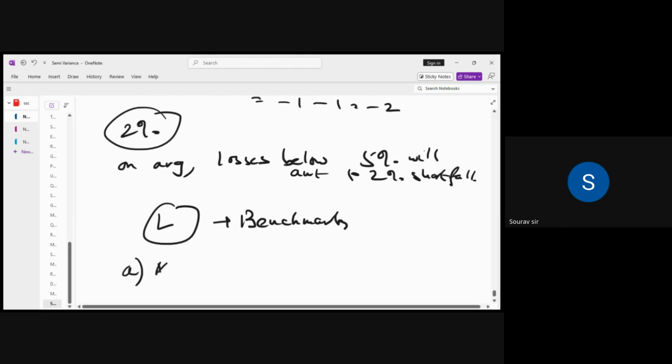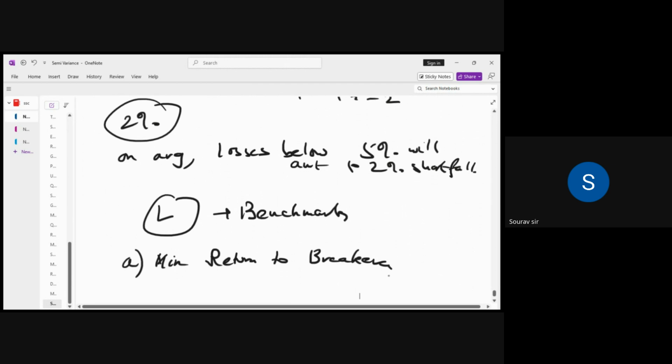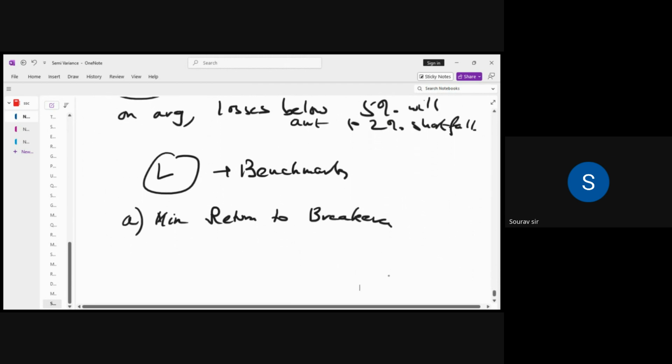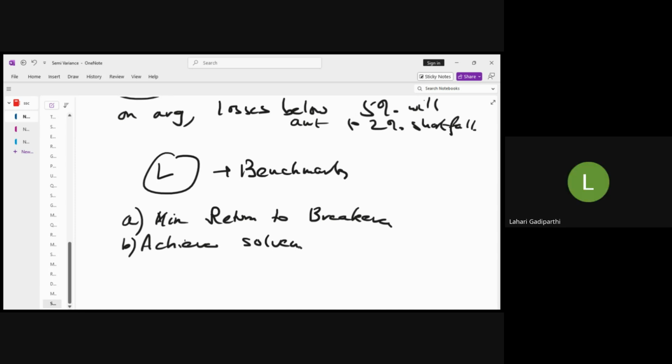It is like the minimum return to break even, the minimum return required to avoid a loss. If the return falls below this level, the investors will incur negative performance. Solvency means the minimum return required for a company or financial institution to remain solvent and continue.